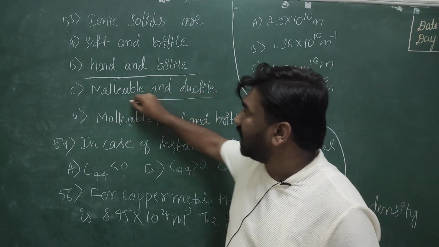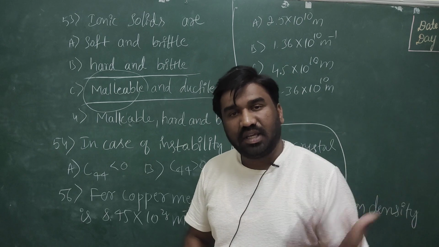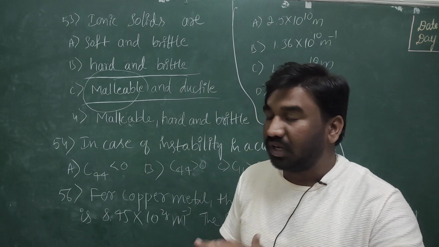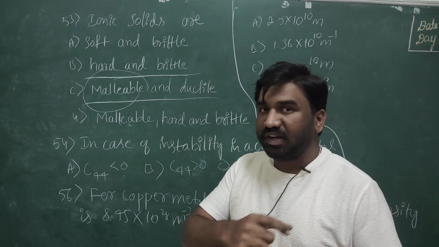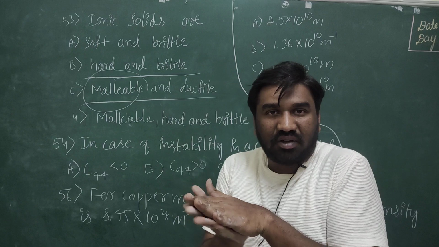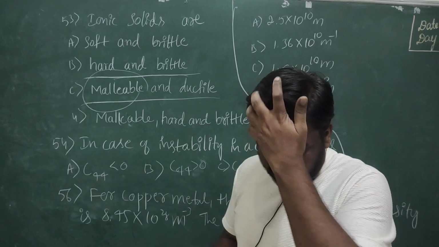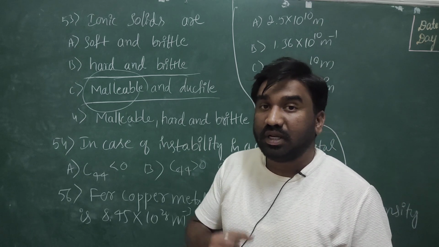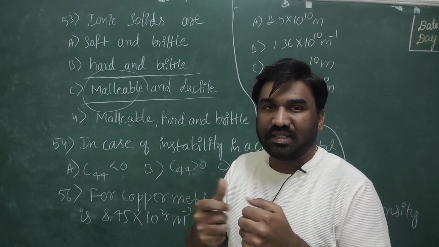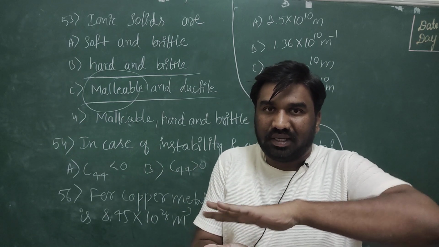And malleable, ductile. Malleable means that even when applying a large force on the surface of a metal, it will not break. It forms into a thin film, but will not break. Example, clay soil. It is not possible to break clay soil; it will form a thin surface.